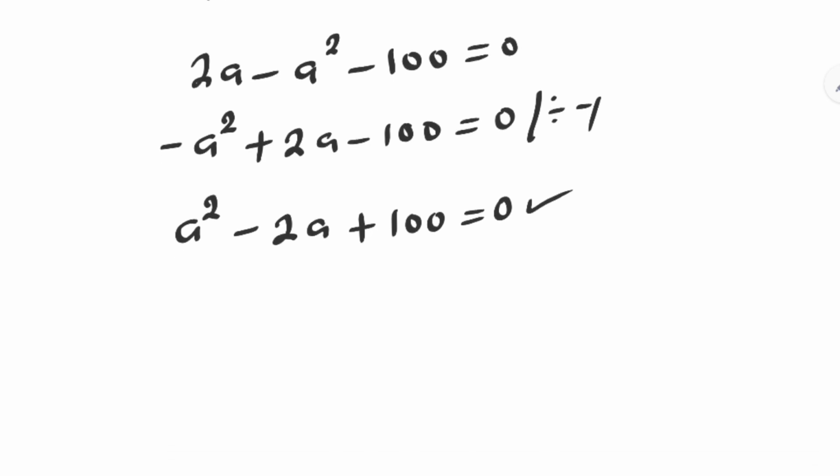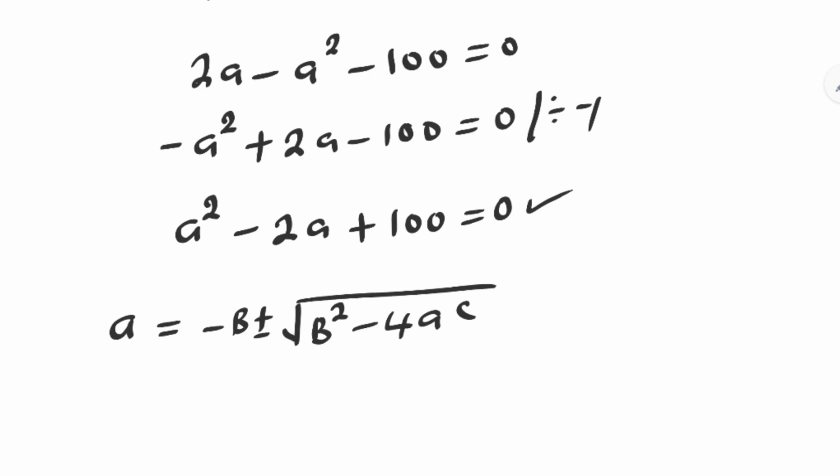Let's solve this using the quadratic general formula. The quadratic general formula in this form is given as a is equal to minus b plus or minus square root of b square minus 4ac over 2a.